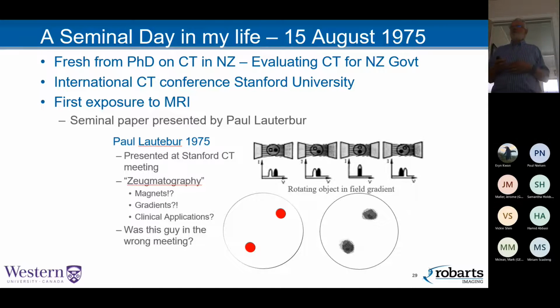A lot of people in the audience sort of scratched their head and said, you must be at the wrong conference, this is about CT. But then the penny dropped, it was using the same sort of projection principles as in CT, but we were getting them using magnets as well. So even though the data were acquired in a completely different way, the same algorithms could be used to reconstruct the images.